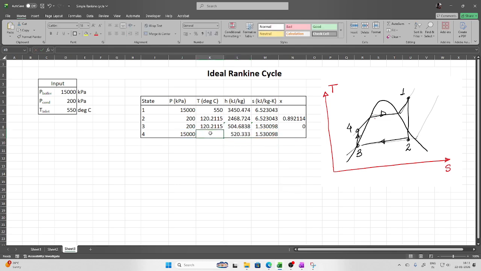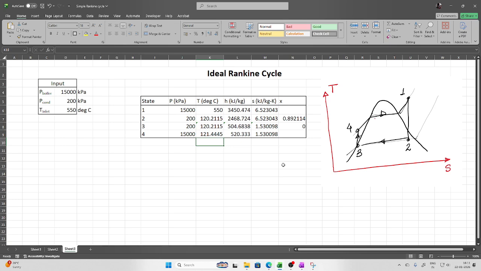The same thing you can do for temperature also: temperature with respect to pressure and entropy. So you have your temperature as well. So you have now fully evaluated pressure, temperature, enthalpy, entropy, all the cardinal important parameters for the Rankine cycle.